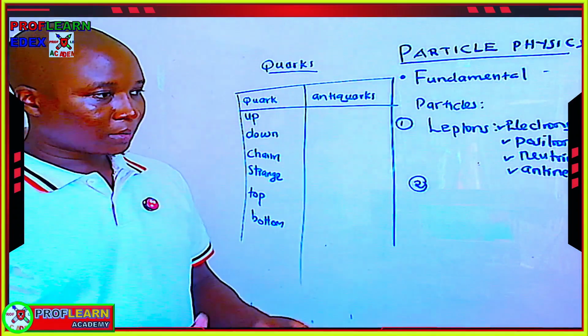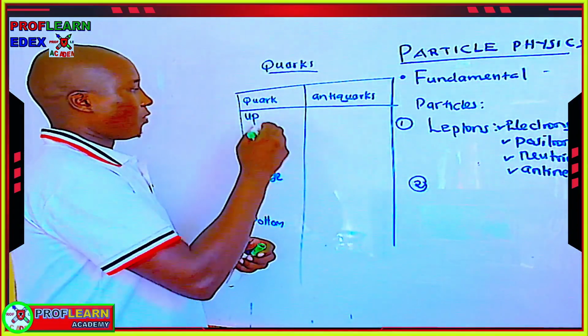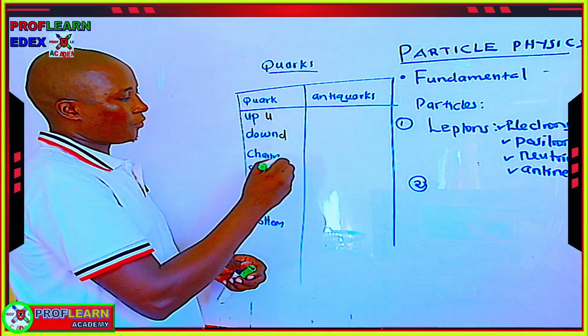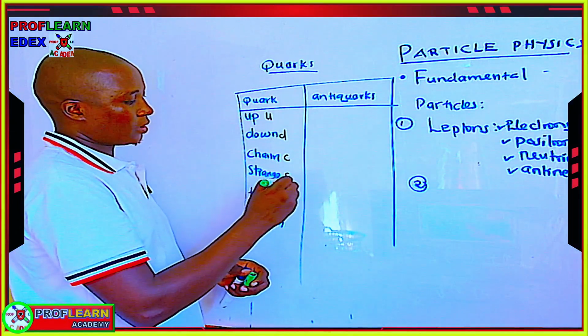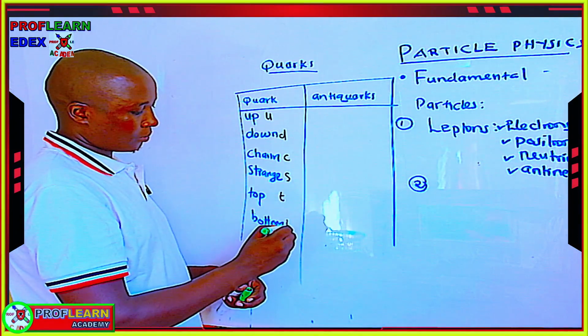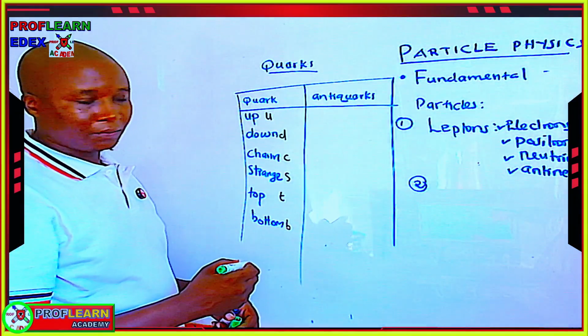The symbol for an up quark is U, for a down quark is D, for a charm is C, for a strange is S, for a top is T, and for a bottom is B. Then they have charges.